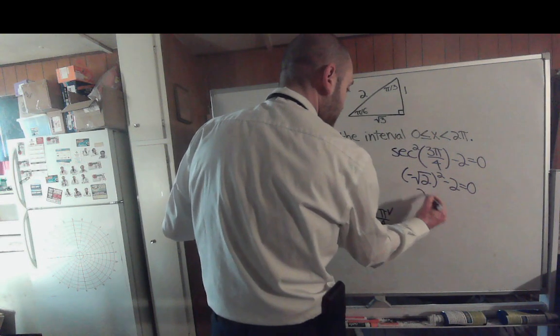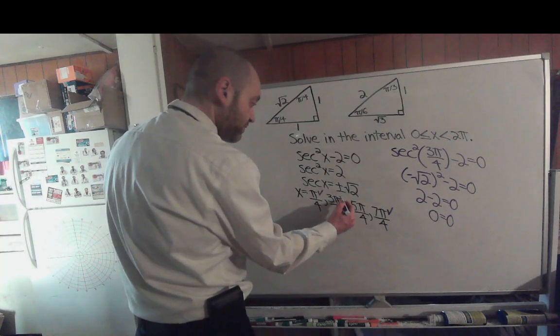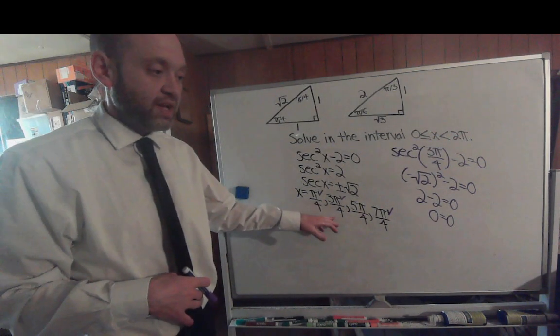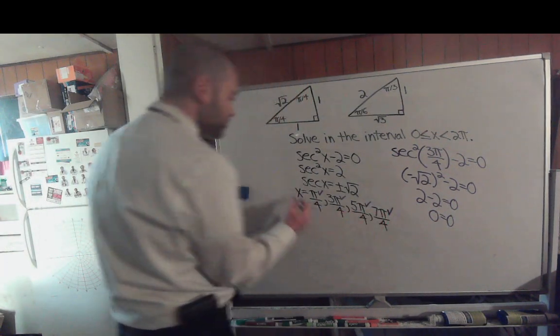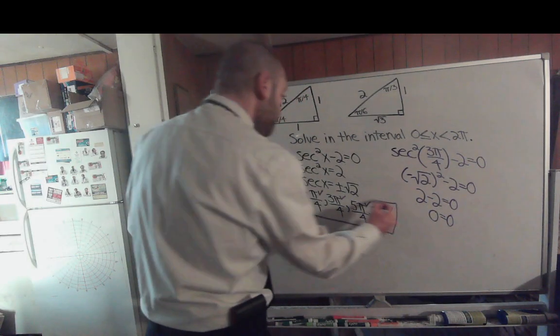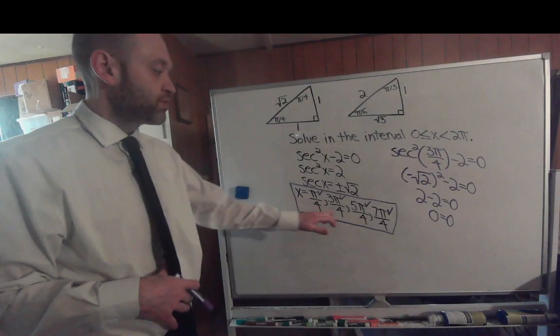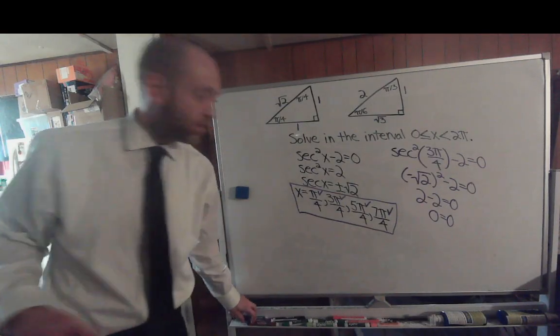This would turn into positive 2 minus 2 equals 0, and 0 equals 0. So yes, 3 pi over 4 works. That's in the second quadrant where the secant's negative, and you would get the same result for 5 pi over 4 in the third quadrant. So all 4 of these solutions hold for x. X would equal pi over 4, 3 pi over 4, 5 pi over 4, and 7 pi over 4.